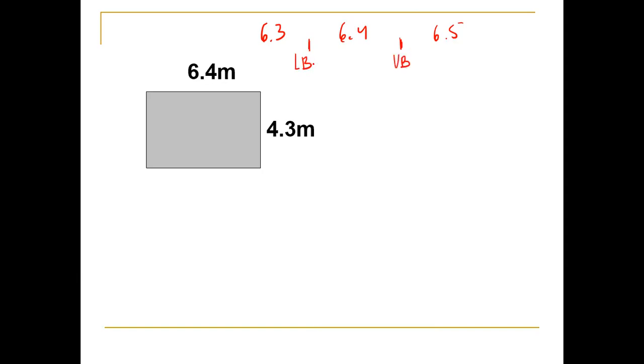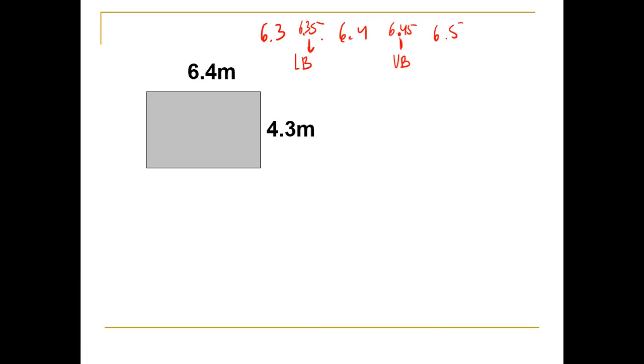So the lower bound will be 6.35, and this will be 6.45. Now I understand. Because this is new for you. I know that the first 2-3 slides, maybe it's hard, but the next will be easy.